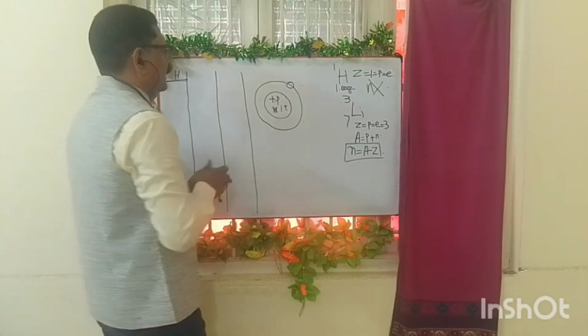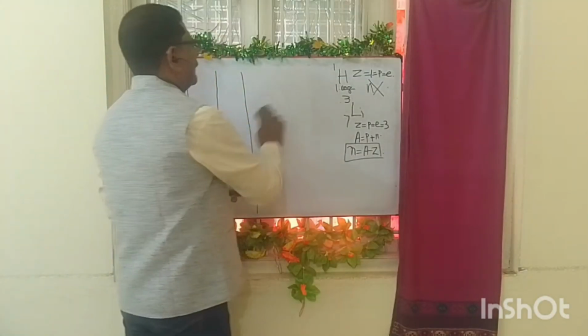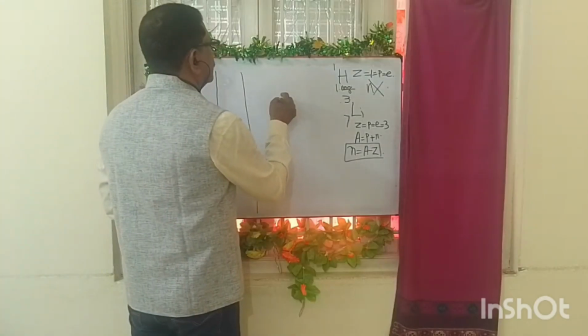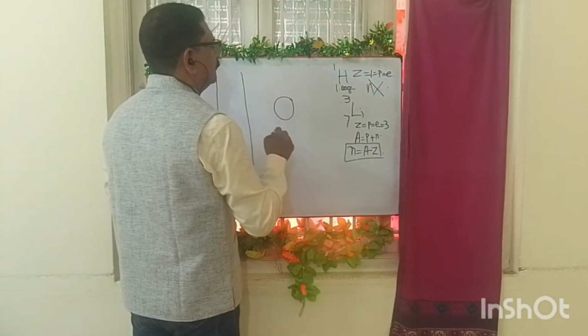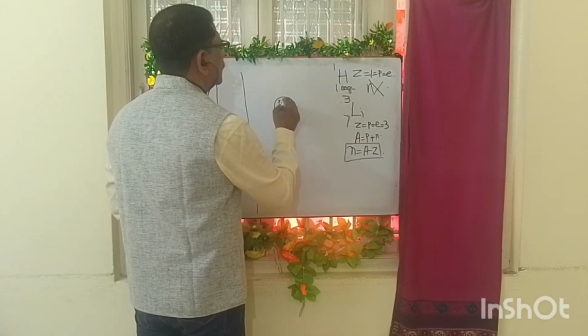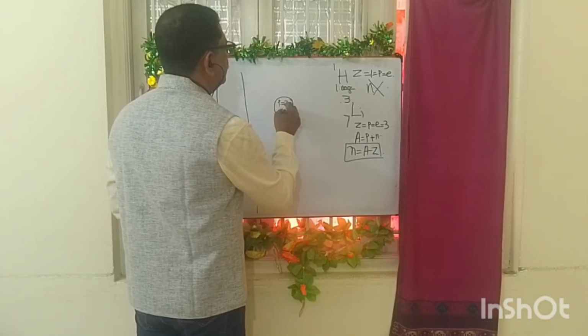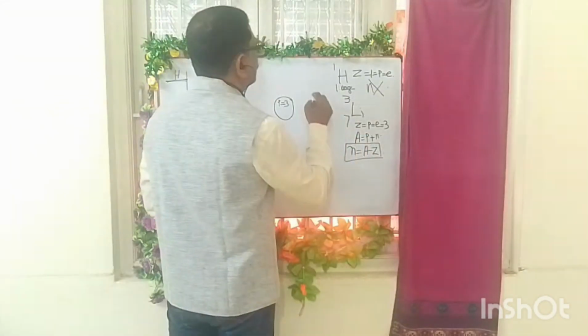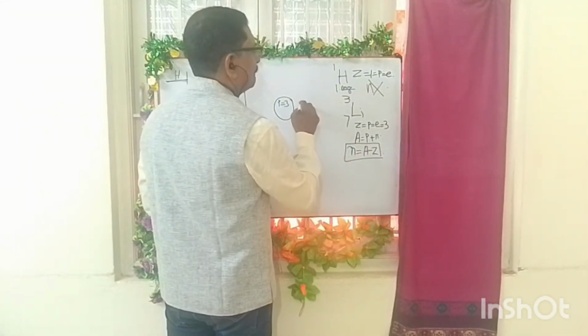Therefore, let us draw the atomic structure of lithium. So, the nucleus. In the nucleus, P is equal to 3. But we do not know the neutron. For that, we can use this formula.